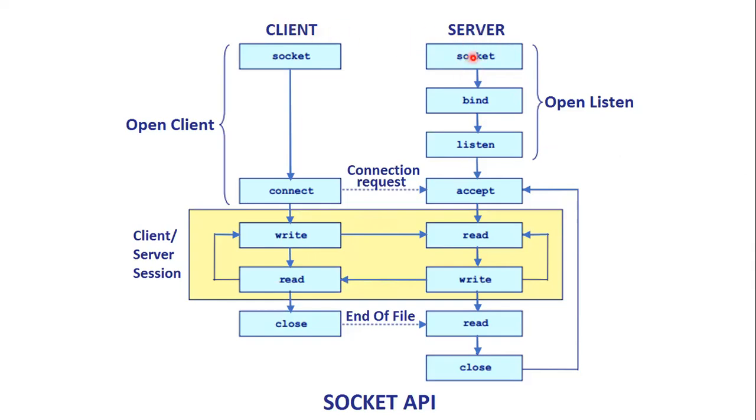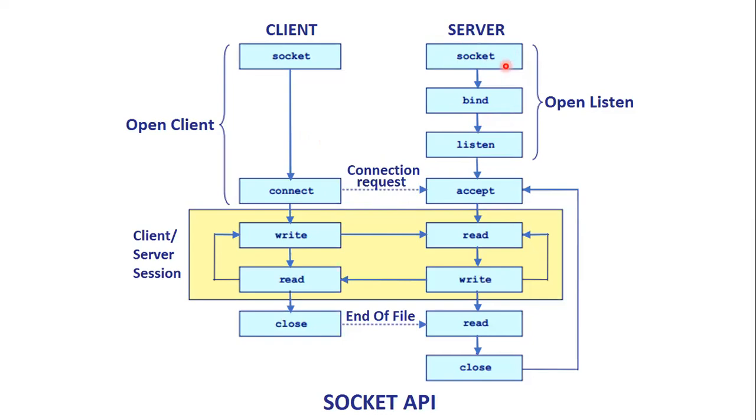First, let us talk about the server program. We are talking about TCP socket programming, where the two machines are completely different. One is client and the other is server, and you are writing two different programs for two different machines. So let's see what the server program should do. It should create a socket with the socket function.